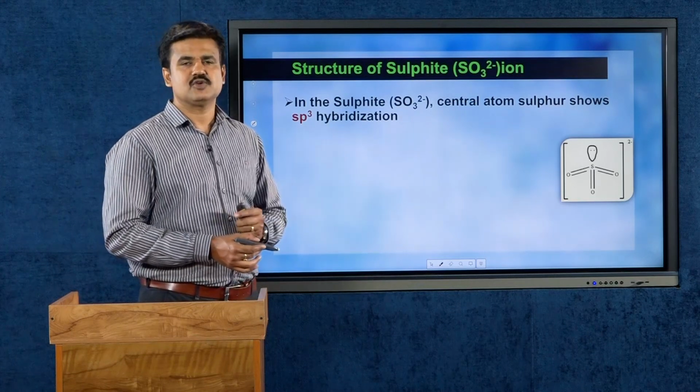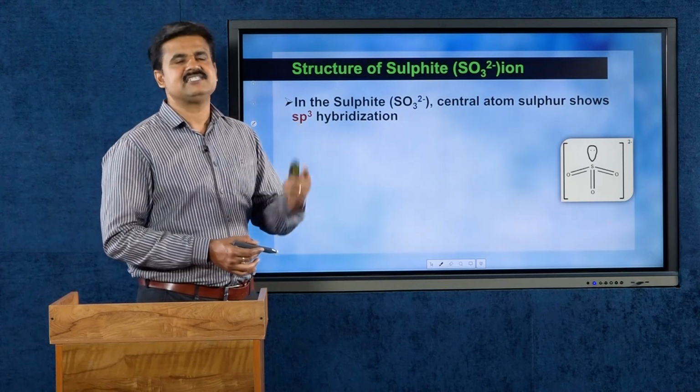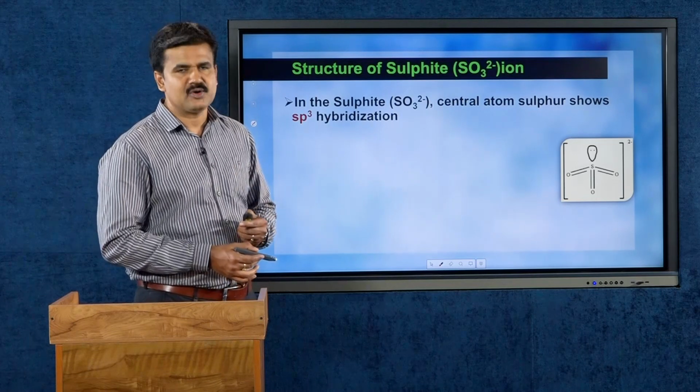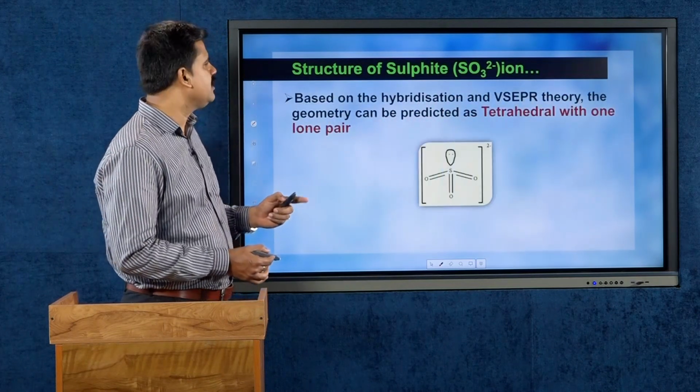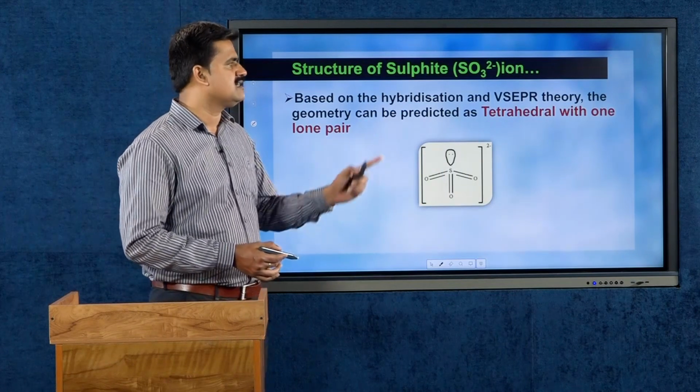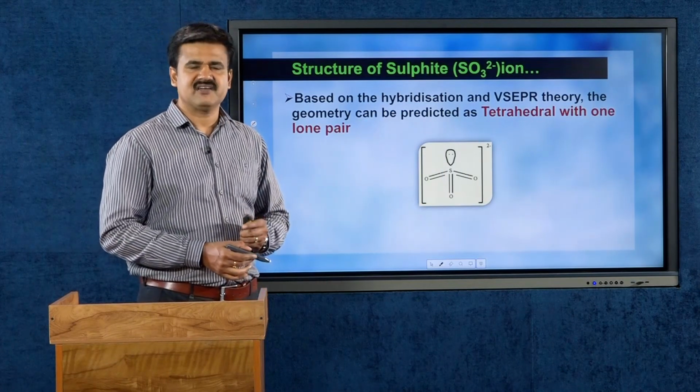So, the exact geometry of the sulfite ion SO3 2- ion is tetrahedral with one position occupied by the lone pair. This is the exact geometry of sulfite ion.